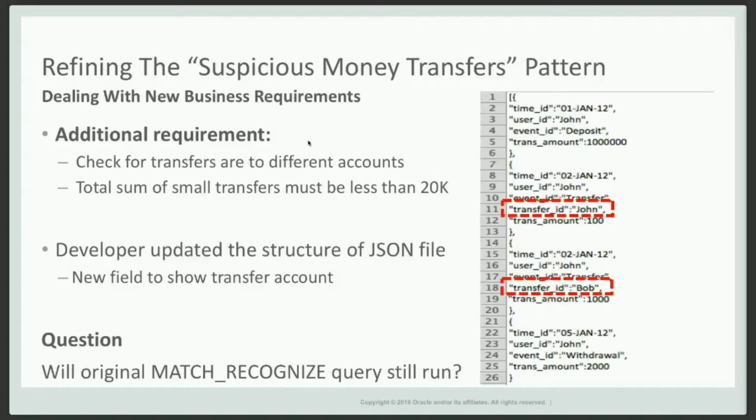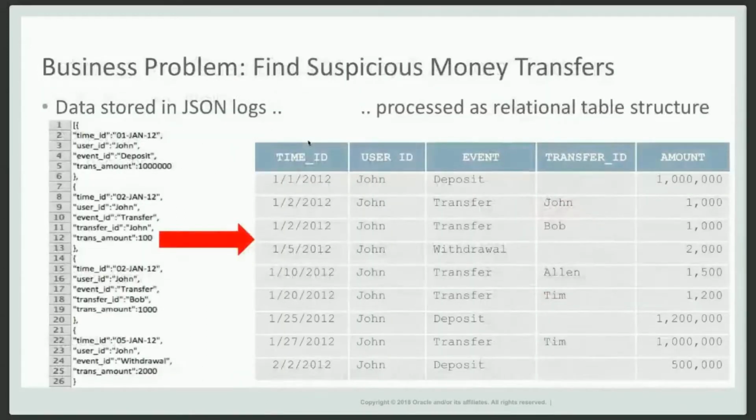We can bring in the new JSON store, which contains the transfer ID key value pair, and I can put my new relational table structure into place, and it will still run the original match recognize statement.